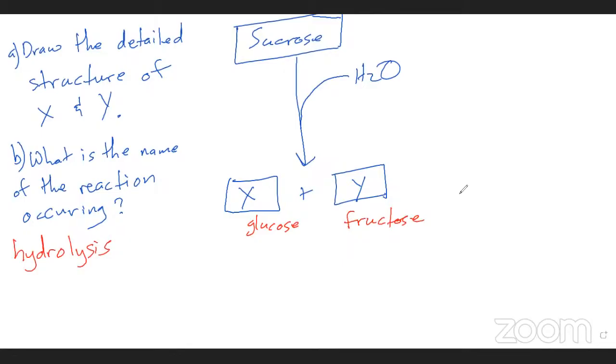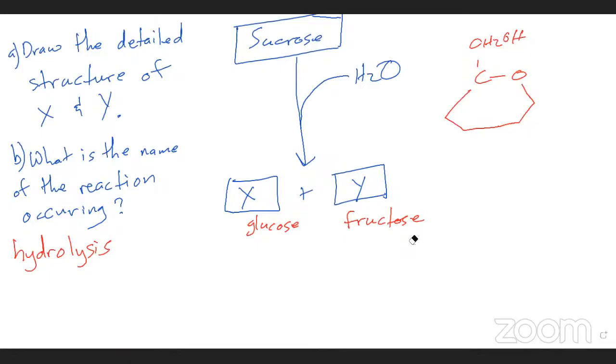All right, so all you need to do is draw glucose and fructose. Do that quickly. Alpha glucose and beta fructose, right?